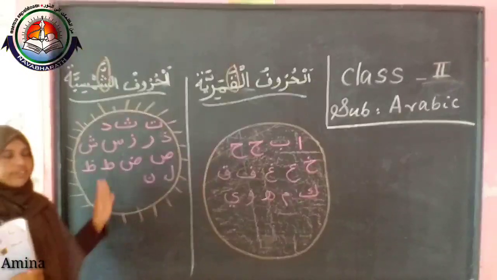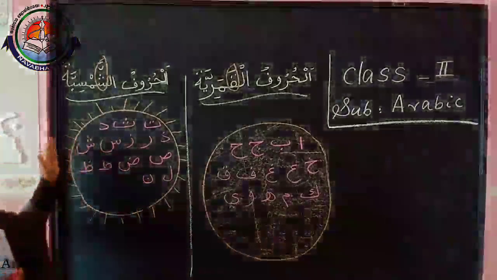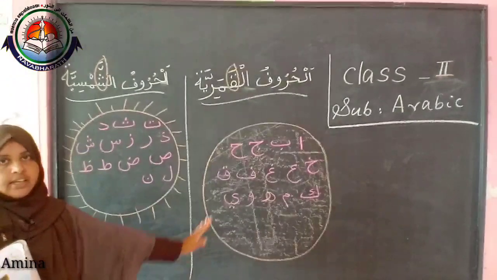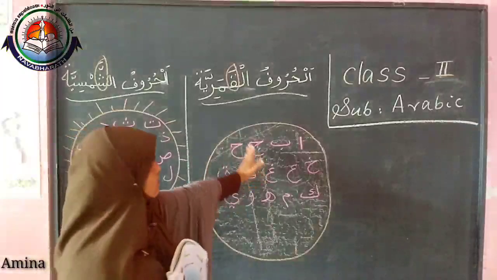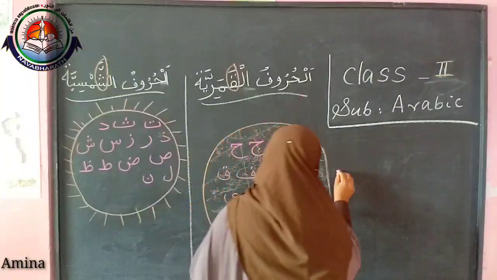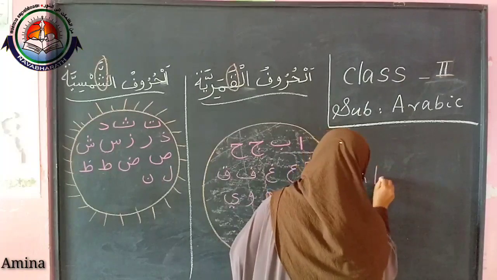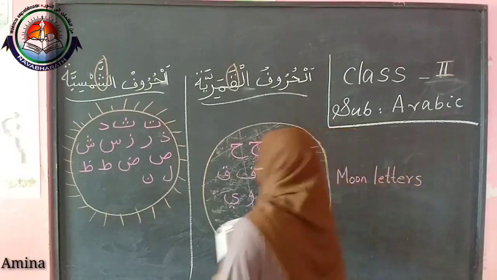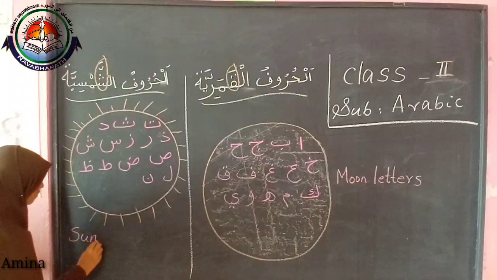Did you understand? Fourteen letters are sun letters and fourteen letters are moon letters. These are called moon letters, and these are called sun letters.